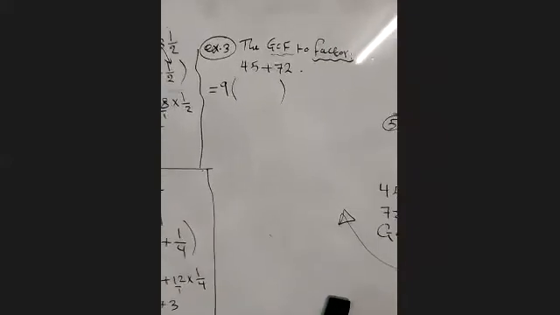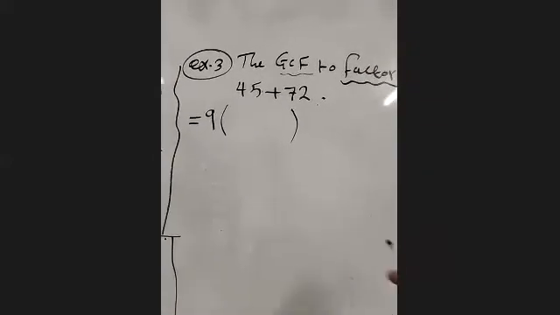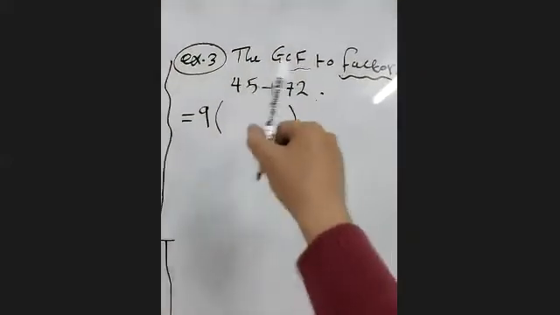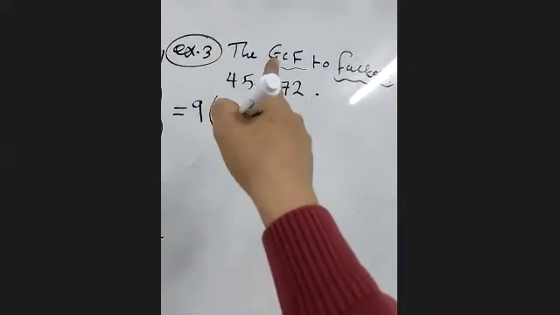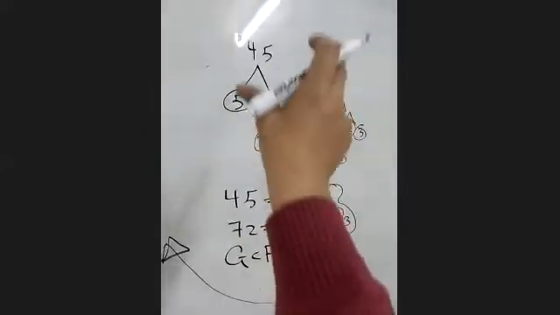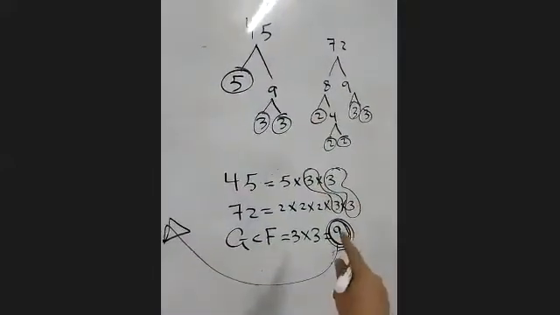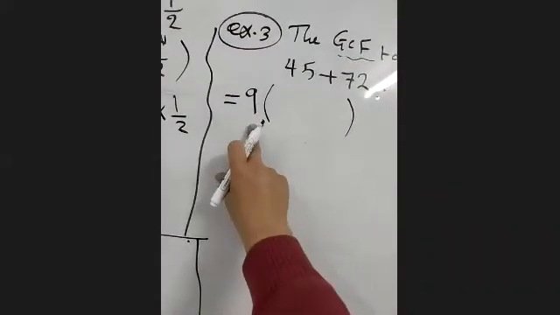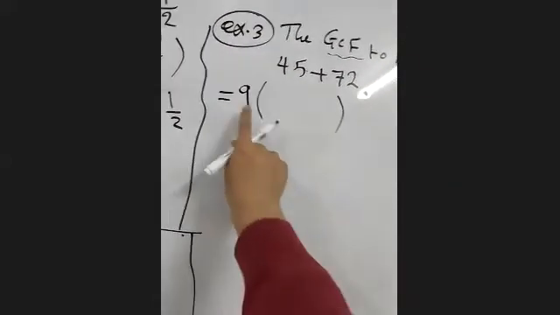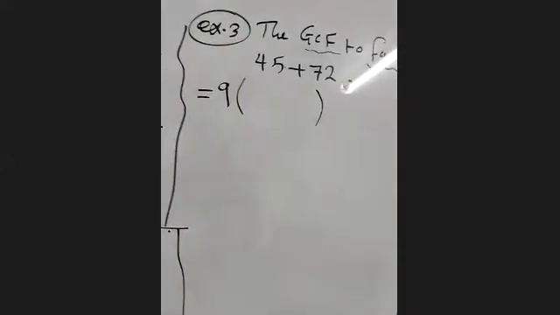Focus. Again, the question wants us to factor these numbers using the greatest common factor. So to use the greatest common factor, I need to find it. I found it already here by the side, and it is 9. So I take the 9 here, put it here, equal, open bracket, multiply here, but we don't write it.